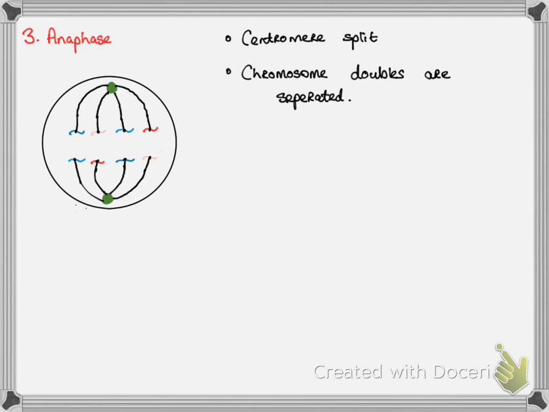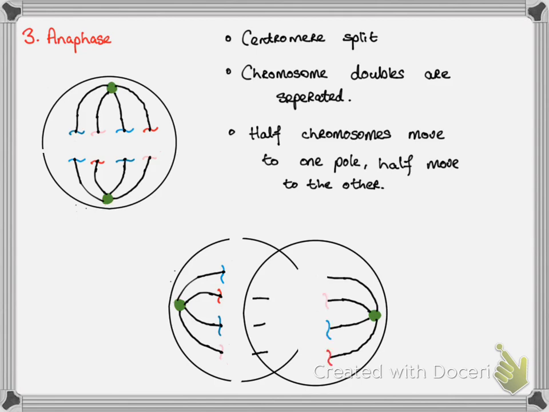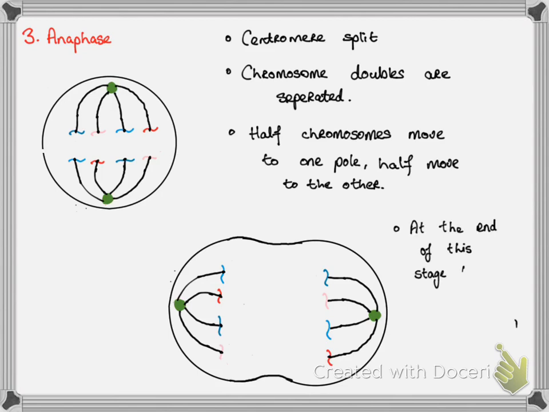Okay, so 46 will be going in one direction, 46 will be going in another. So half the chromosomes move to one pole and half move to the other. You will also notice during this time that the cell membrane at this stage starts to pinch. So what I mean by pinch, it starts to dip in the center.